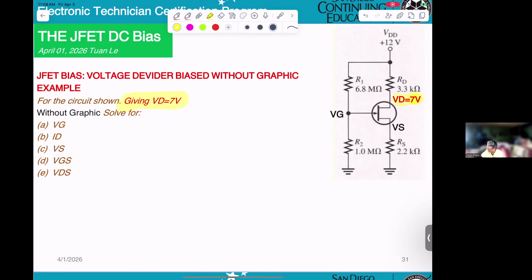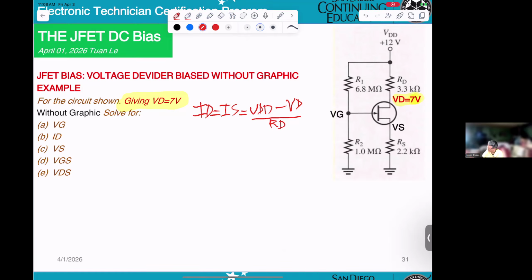If I want to calculate ID, ID equals IS equals VDD minus VD divided by RD.